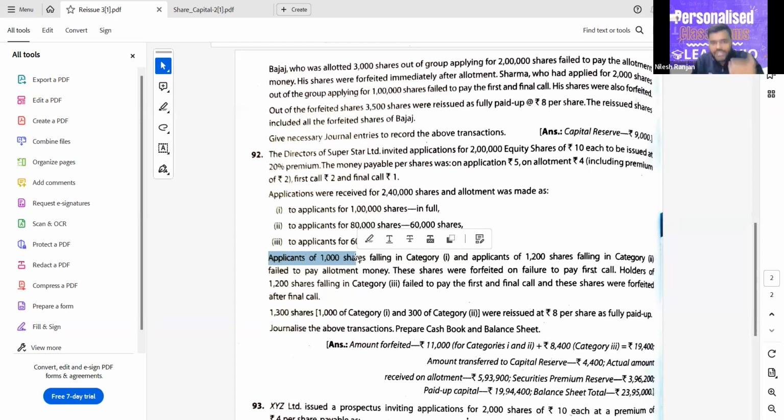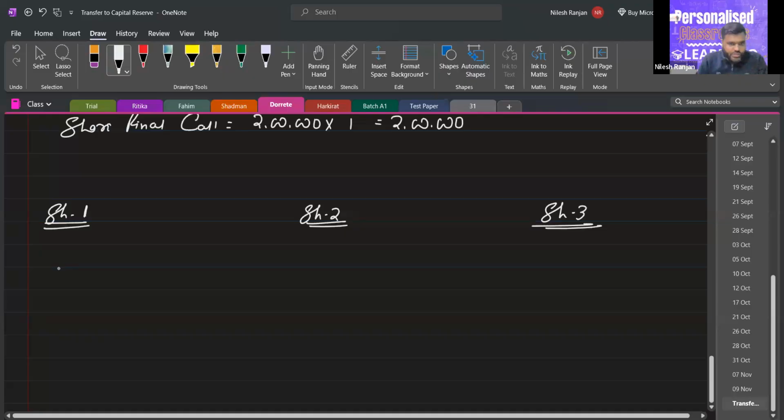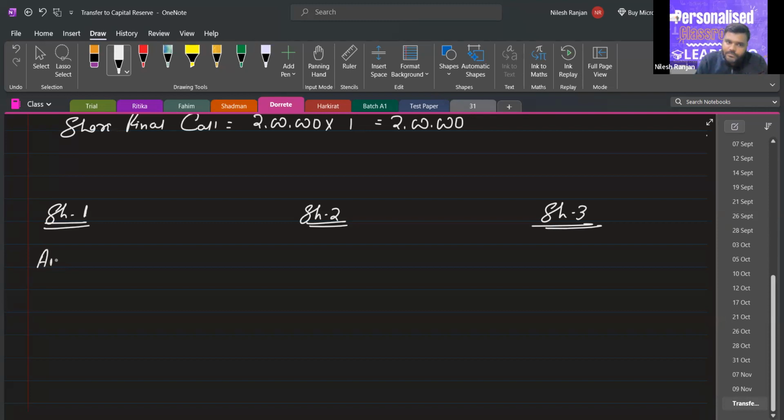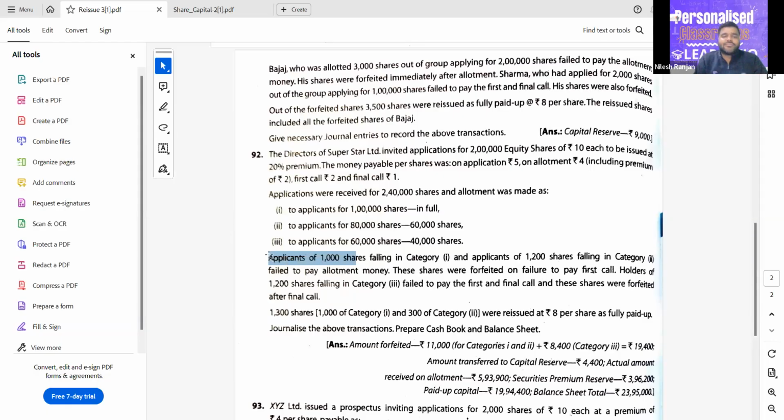Means he has applied for 1000 shares. Yes? Okay. Now, Ritika, you tell me how much share he got. The allotted share. So he got 1,000 shares.